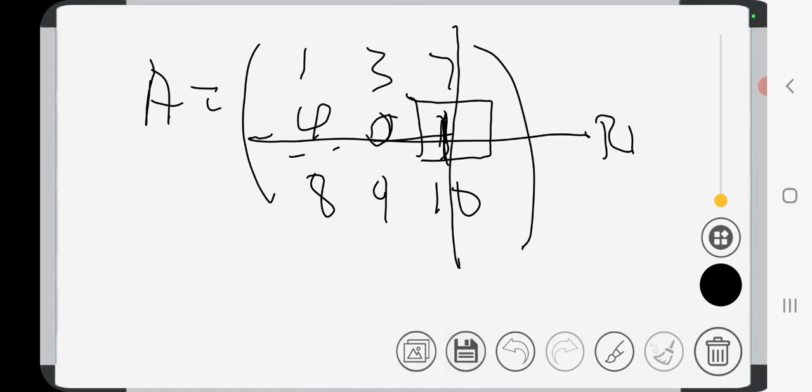This vertical line is on the third column. I'll write C3. So this particular element 1 is in row 2 and in column 3. So I'll write it as A subscript 2 3. So that's how to get the address of a matrix.